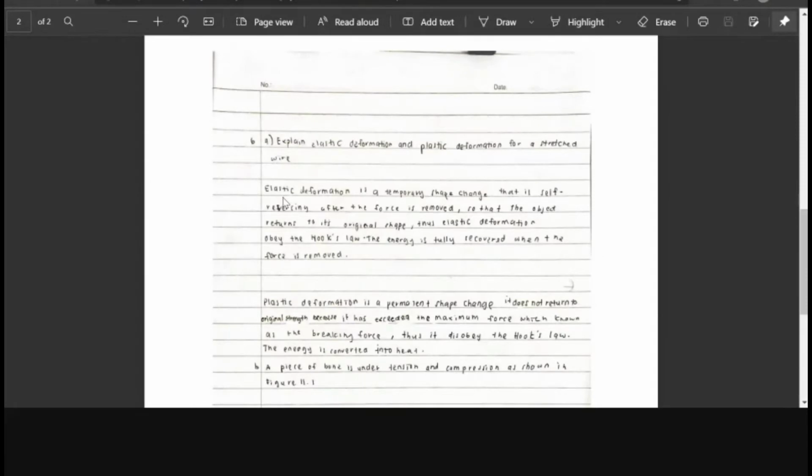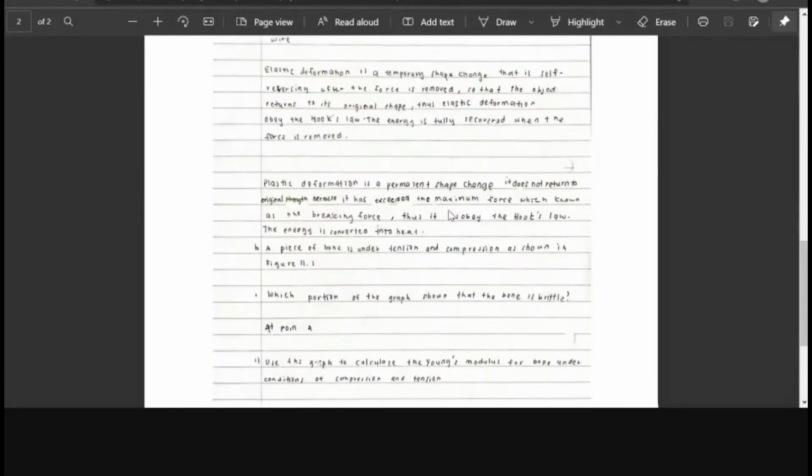Elastic deformation is a temporary shape change that is self-reversing after the force is removed. Very good. It follows Hooke's law, because Hooke's law says that if we expand it, it goes back to its original state. The energy in elastic deformation will fully recover when the force is released.